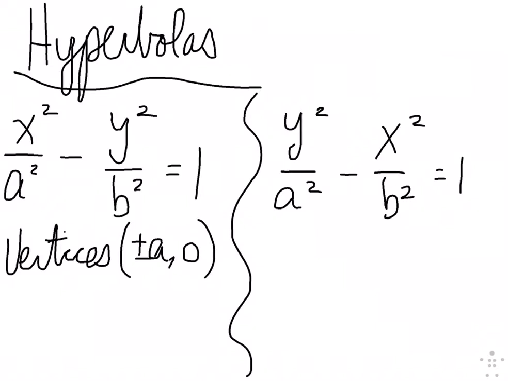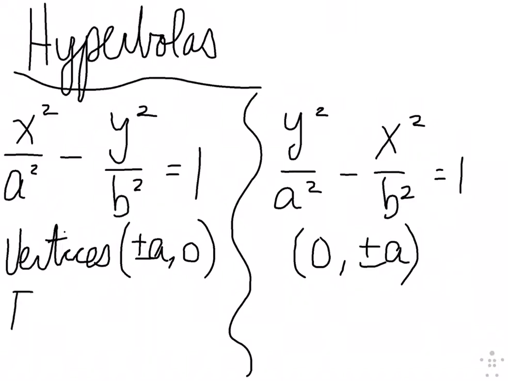The reason why it's in that particular spot, if you look at it, the a is underneath the x, so therefore that's why it's in the x position. So what do you think it is for the other side? 0 and then plus or minus a, because the a is underneath the y this time. Make sense so far? Is that a lot different from yesterday? No, not really. Just knowing which one it goes underneath.